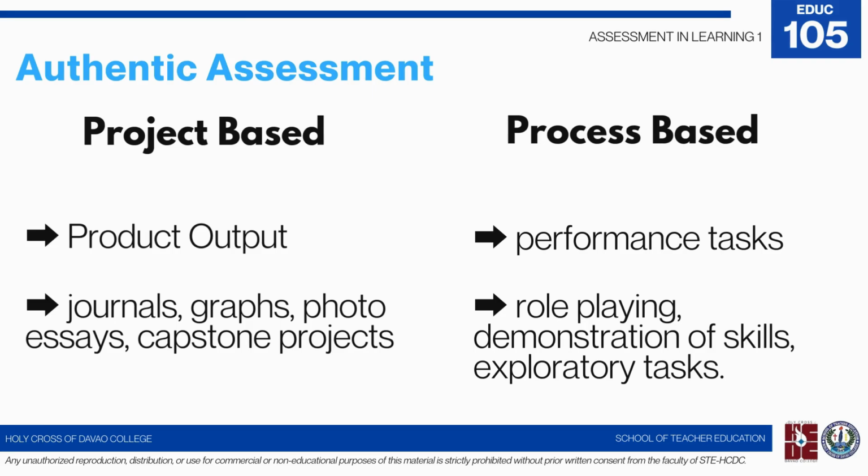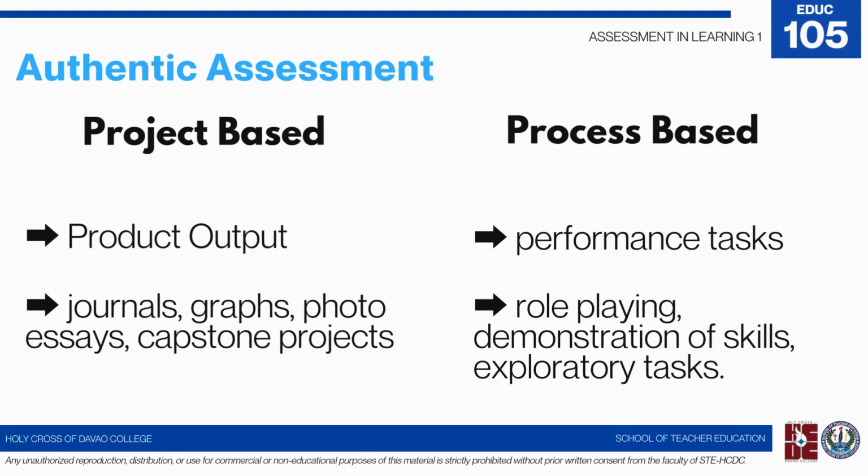Now, here are the examples of authentic assessment. From the word authentic, it deviates from the pen and paper type of test. Here, in this assessment, the student is expected to be more engaged in the activity that is provided. For example, in project-based, a product output is expected.